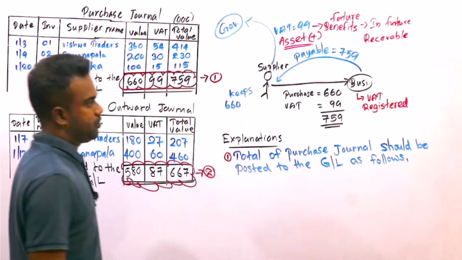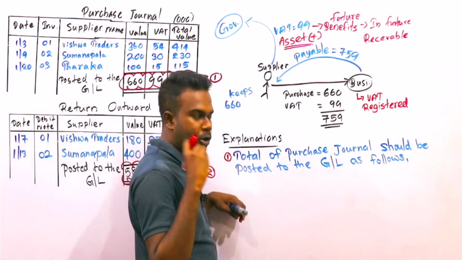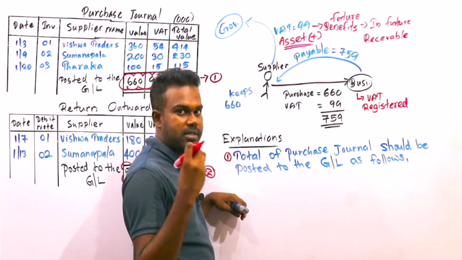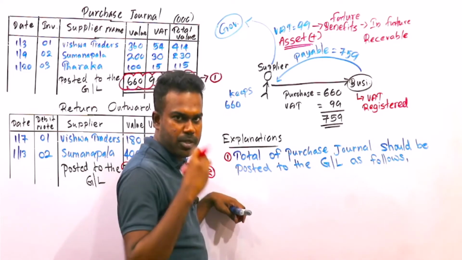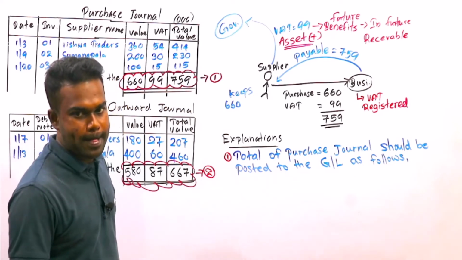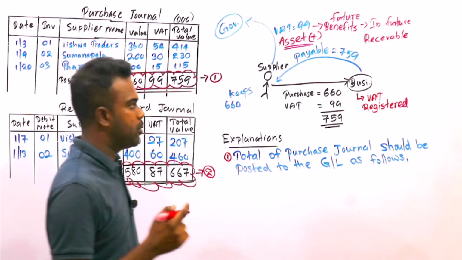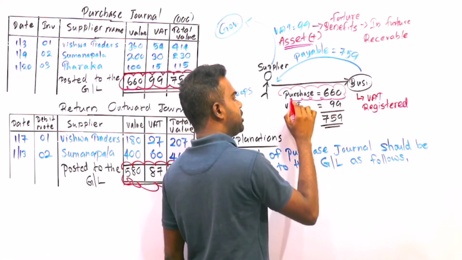VAT asset. Okay. And also, how much should the business identify as the purchase expense? How much should be the purchase expense for the business? This is only the purchase price.